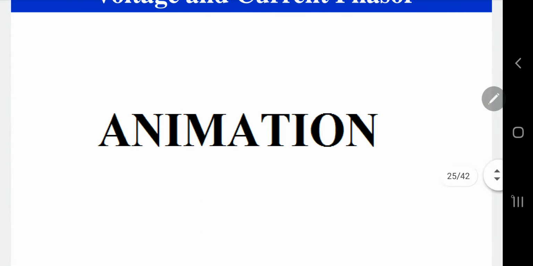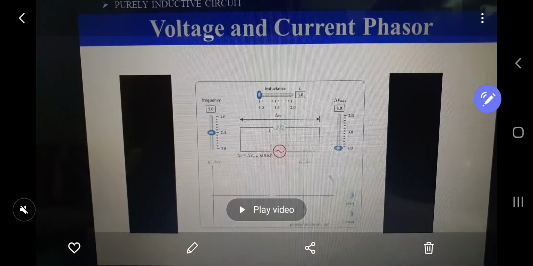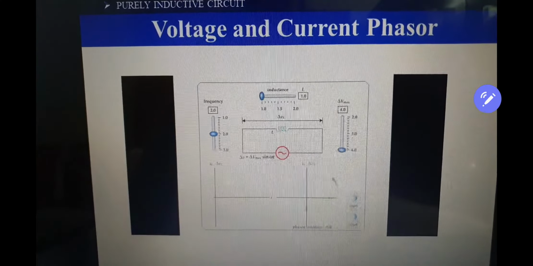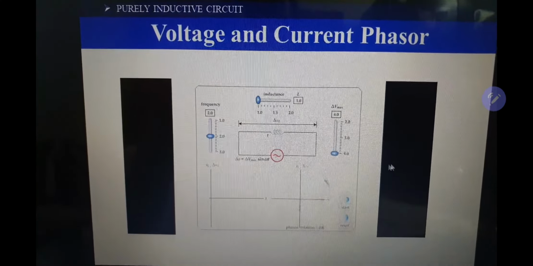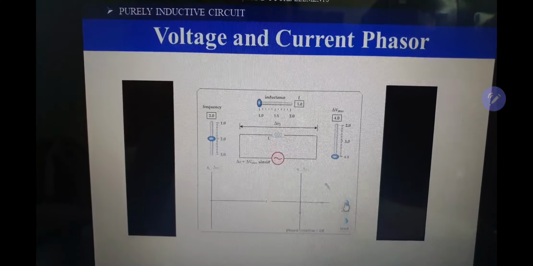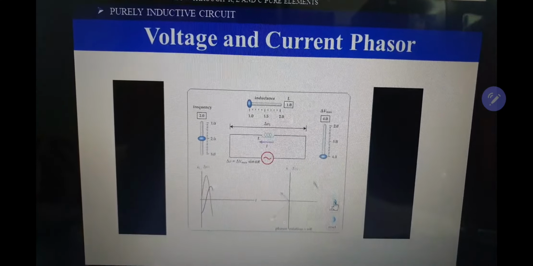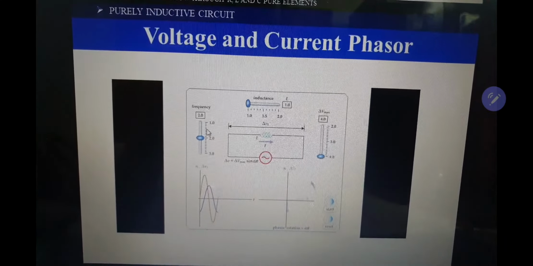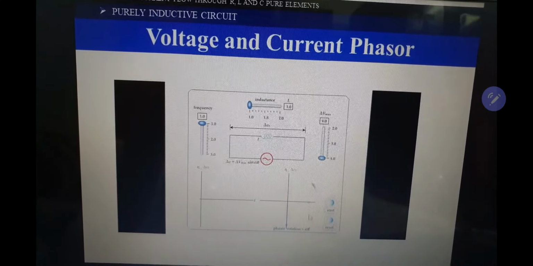Now let us go through an animation video of how the phasor diagram works. Here you can see the voltage phasor and this one is the current phasor. Both of them are rotating in a counterclockwise direction. The voltage is like this and the current is going back, lagging.